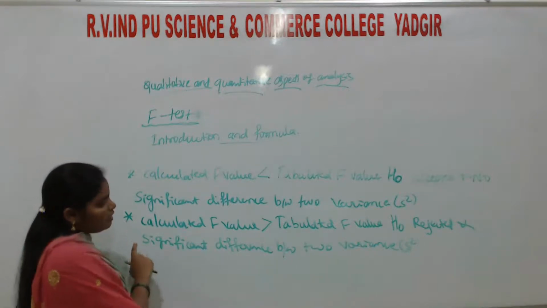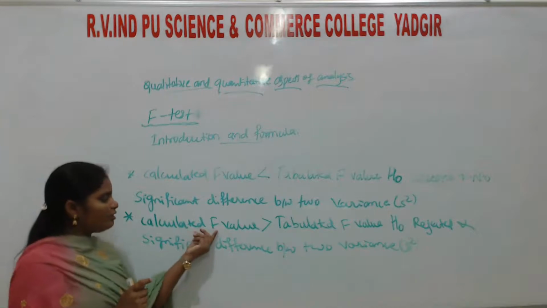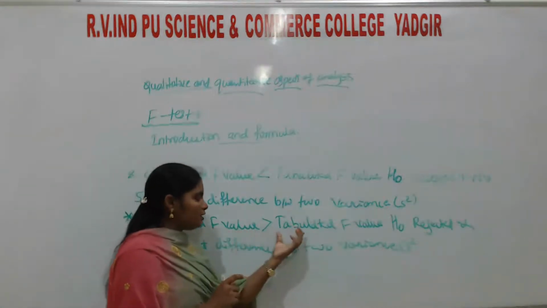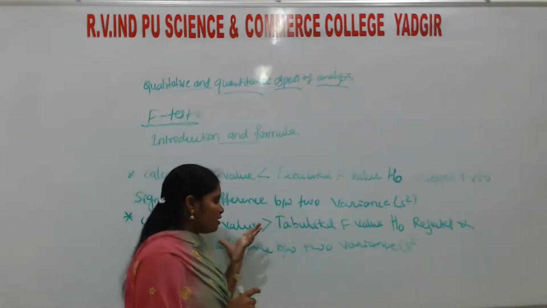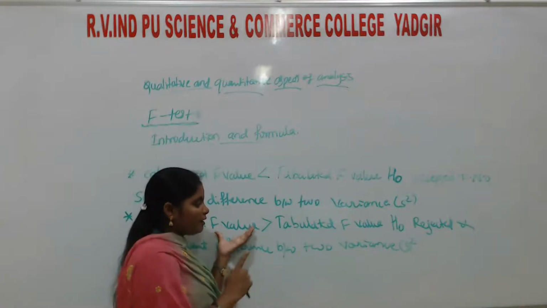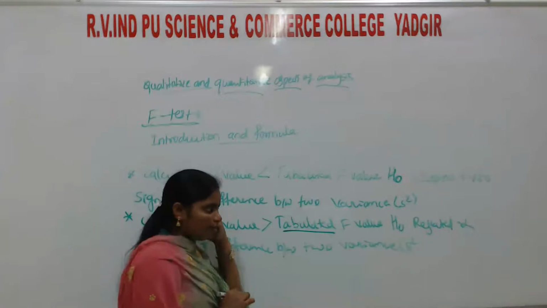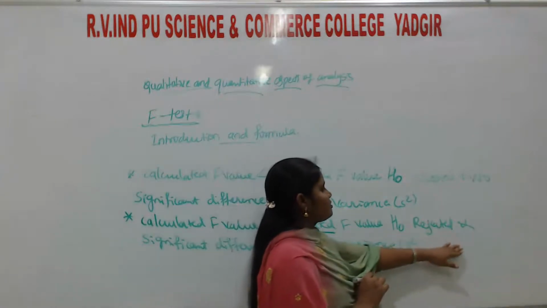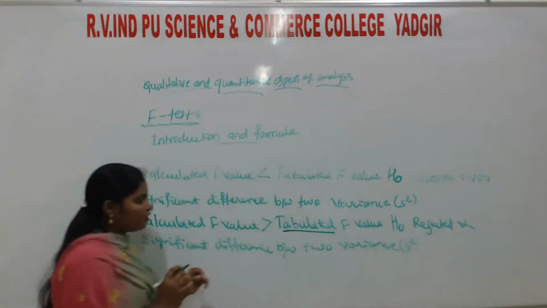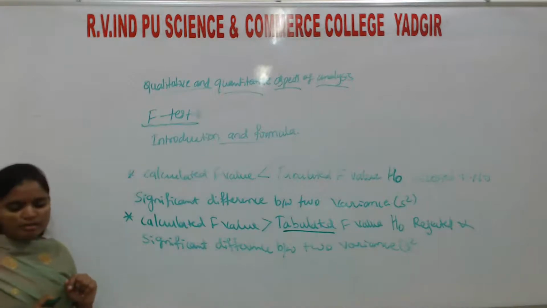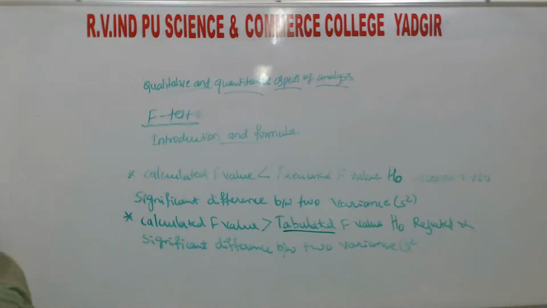When the calculated F value is greater than the tabulated F value, the null hypothesis H0 is rejected, and there is a significant difference between two variances, that is S square. Hence the conclusion: F test is based on the ratio of two variances.